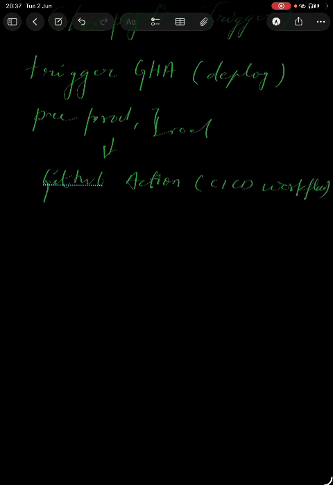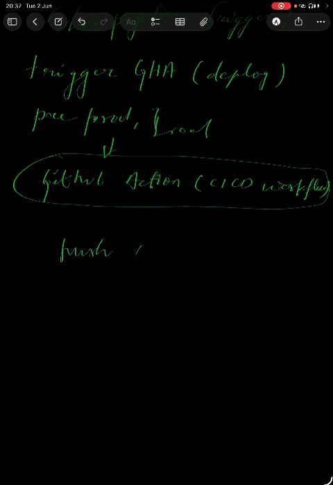Okay, so this is our end goal. Okay, and this data scientist who reviewed and approved the model in the Studio, the data scientist will also push the code, right? Push code to dev branch.